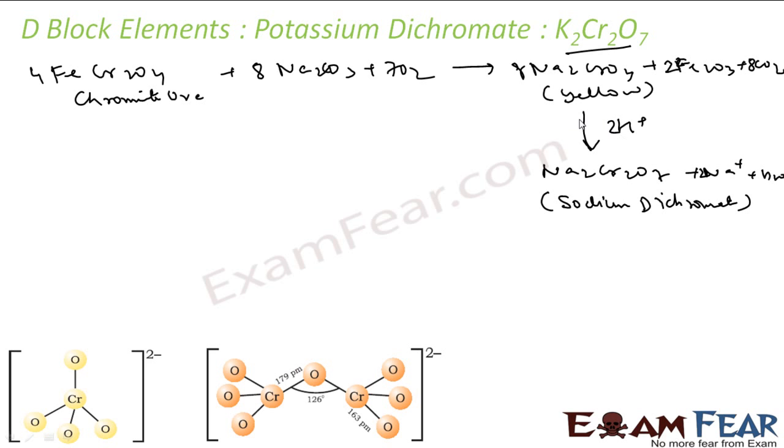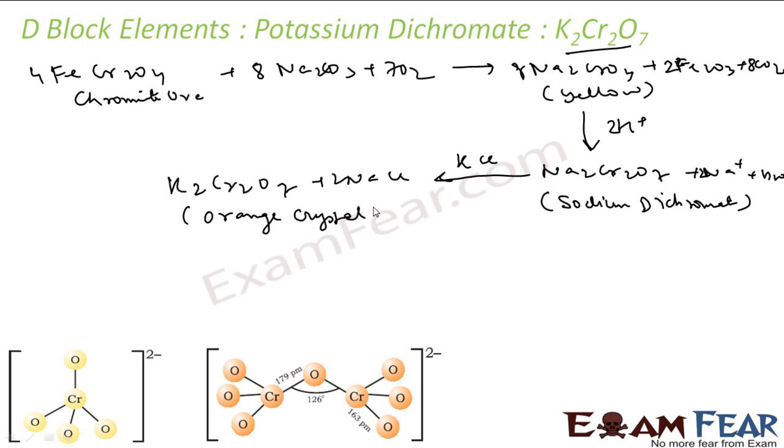Then you react this sodium dichromate with KCl, because sodium dichromate is more soluble than potassium dichromate. What you get is K2Cr2O7 and sodium chloride. This is an orange crystal. The orange crystals of potassium dichromate crystallize out and you get potassium dichromate.